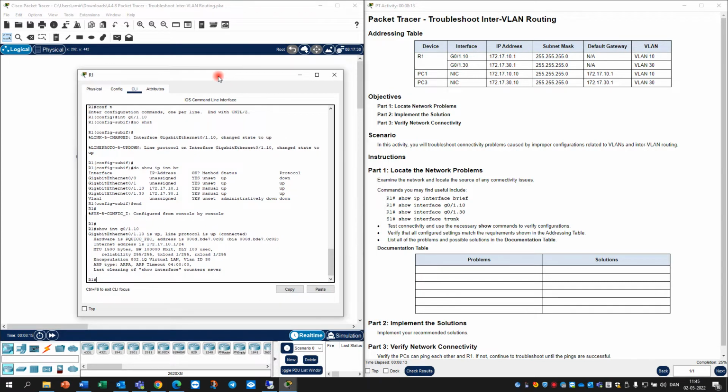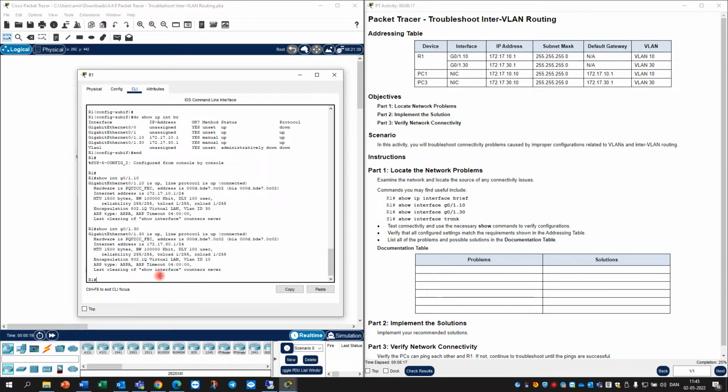Also about this interface, you can see the VLAN ID for G0/1.30 is 10, and for this one is 30, and it's a problem. You should fix both of them.